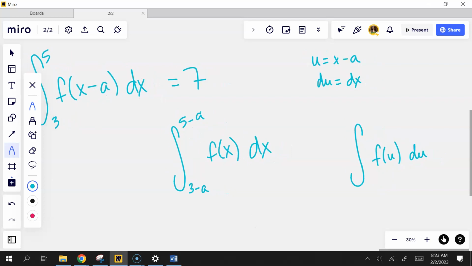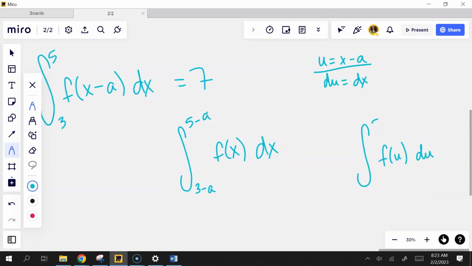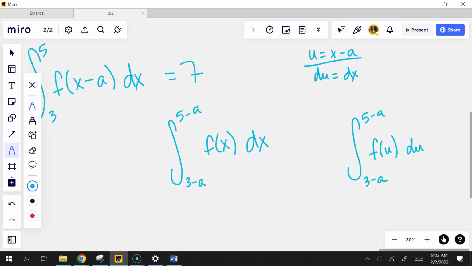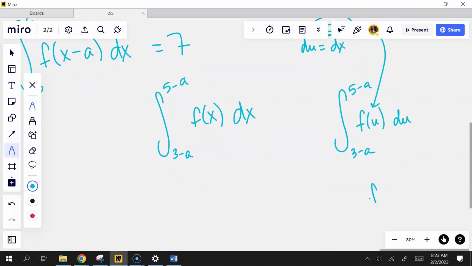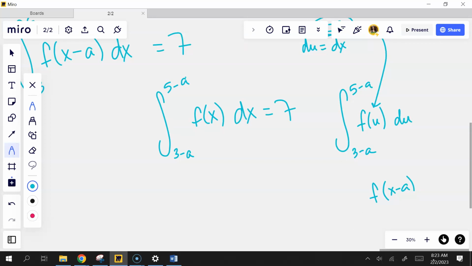If I adjust the bounds, I get 5 minus a and 3 minus a, and if I substitute my u back in, I'm still back to the same thing. So it's got to still equal 7. They've essentially adjusted the bounds for the u substitution. I think that was the point of that one.